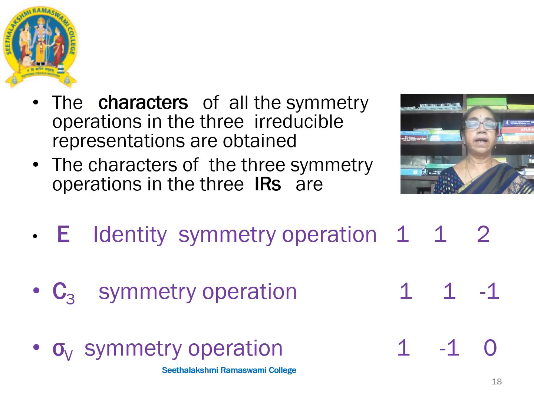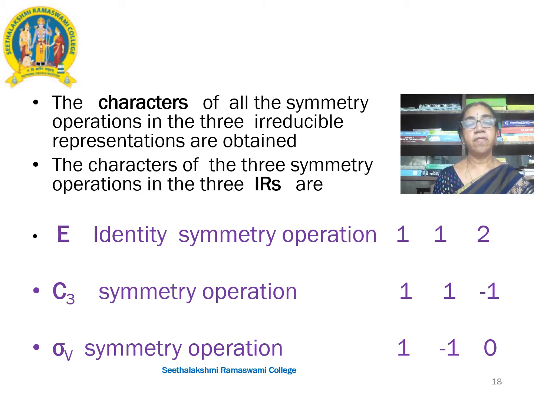Now, since the characters of all the symmetry operations in the 3 irreducible representations are obtained, the main section 1 of the character table can be constructed. It can be represented as the characters for identity symmetry operation is 1, 1, 2 in the 3 irreducible representations.